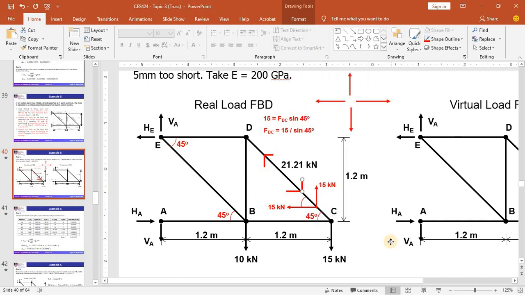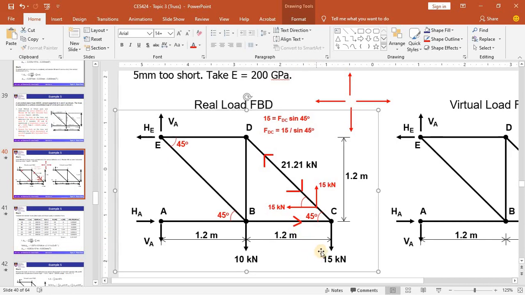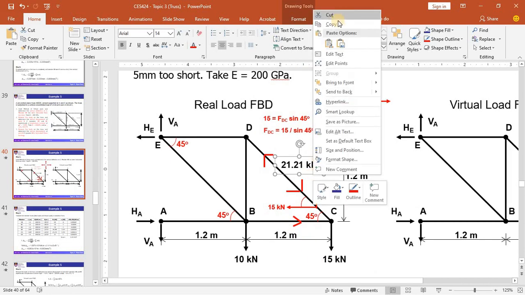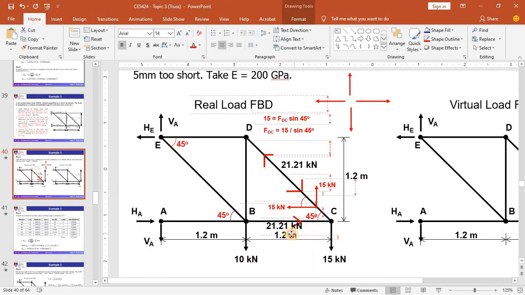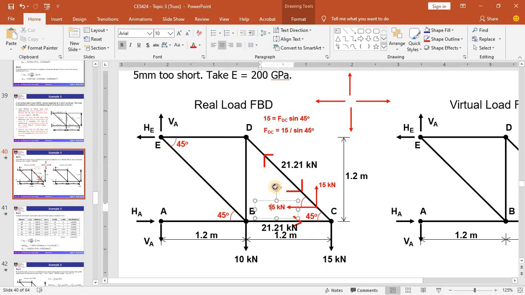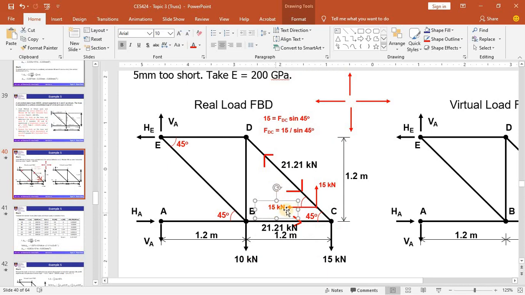So let's indicate the arrow. This is the arrow for this direction. This amount is equal to 15 kilonewtons as well, to balance this horizontal component, which comes from the internal force of member DC.